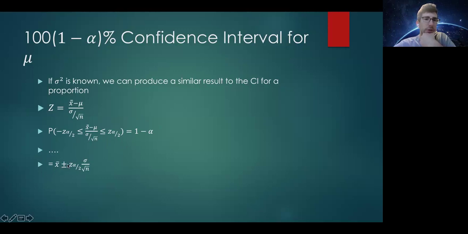It'd be our sample mean plus or minus z alpha over 2 multiplied by the population standard deviation over the square root of our sample size. And again, this is key: this is when our population standard deviation, population variance, is known.